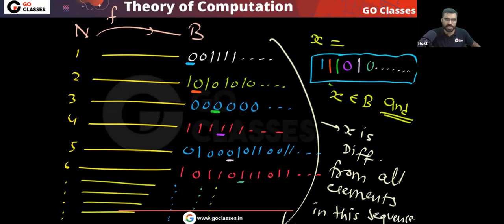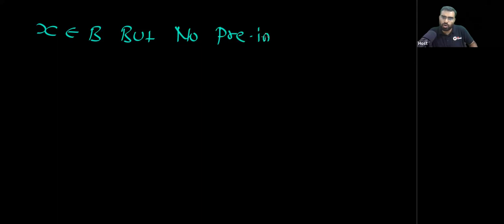So you did not cover X. So finally I can say that X belongs to B, but there is no pre-image for X. Yes or no? You did not cover X, but there is no pre-image for X in F.